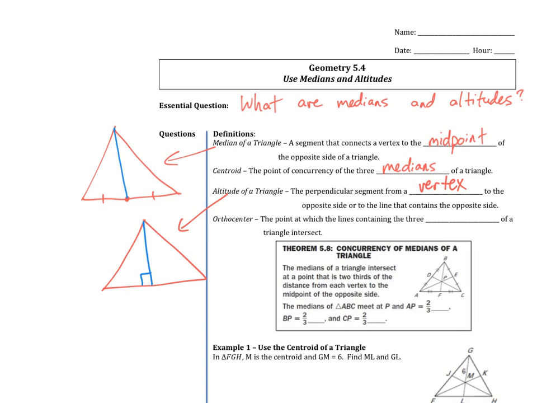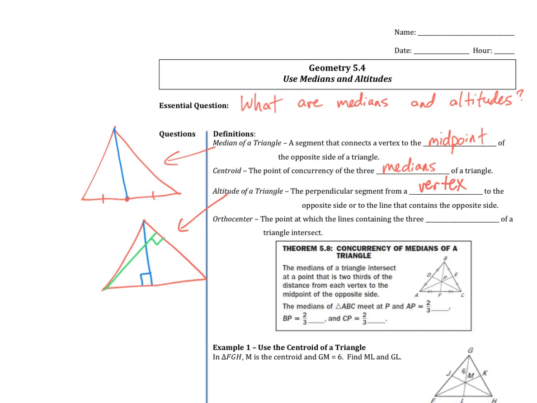It doesn't necessarily go through the midpoint. It just forms a right angle with the opposite side. So that blue line will be one of them. We can draw a second one. That green line is also an altitude because it goes from the vertex to the opposite side, forming a right angle.